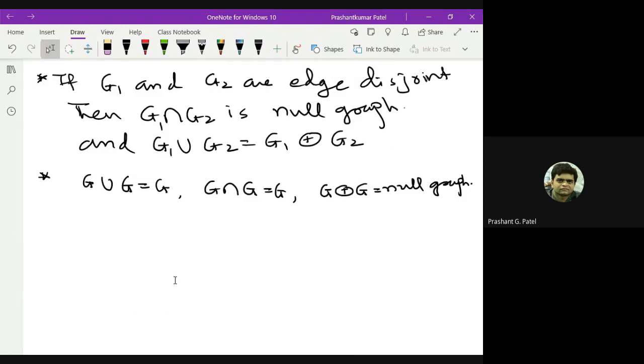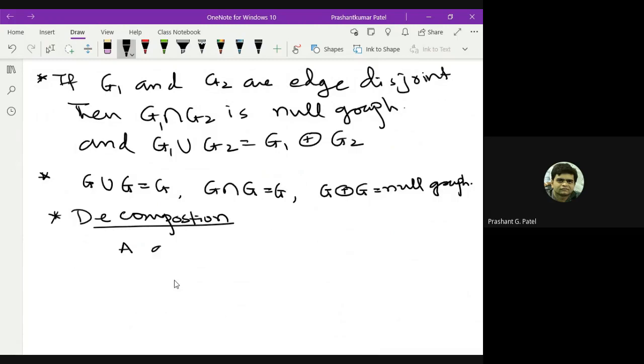Now we will have deletion or decomposition of a graph. First of all, let us define what is decomposition of a graph. That means a graph can be decomposed into two graphs.